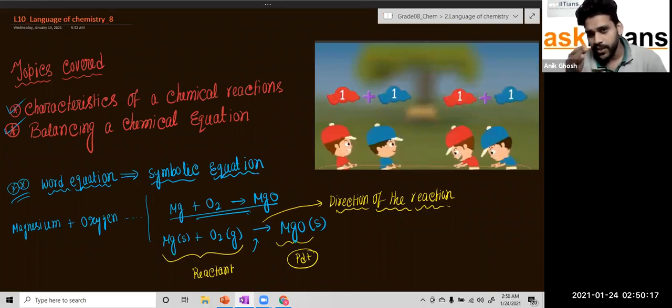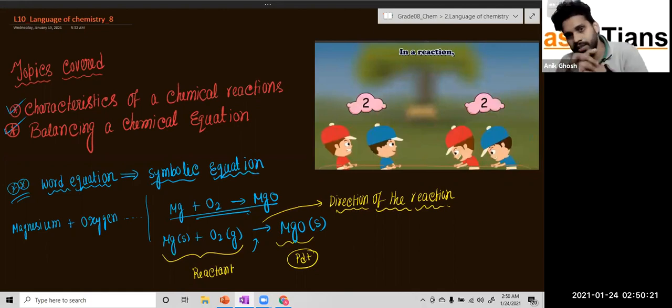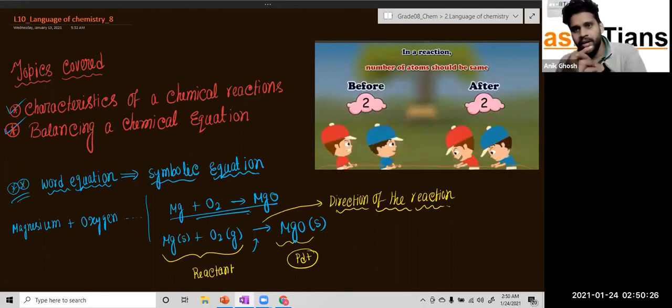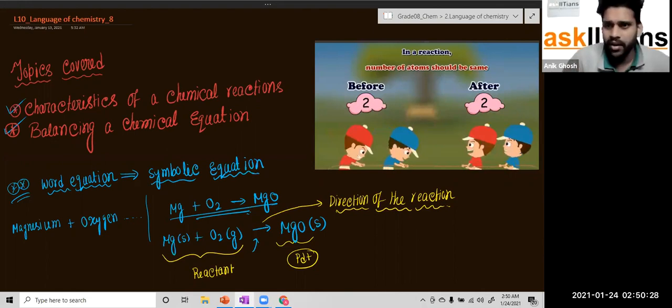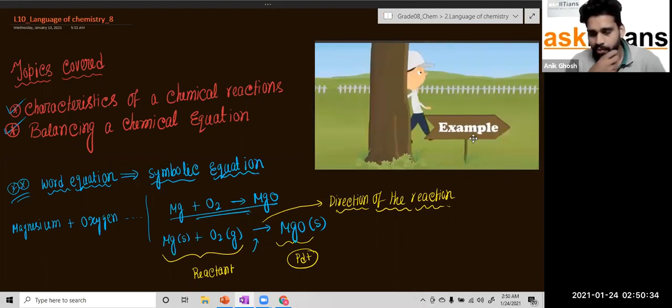So let's just consider these boys are the atoms of the reactants. Like the way the atoms get combined with each other, similarly the boys are getting combined with each other. Some of the examples we are coming to, but let's see what examples they are trying to show us.